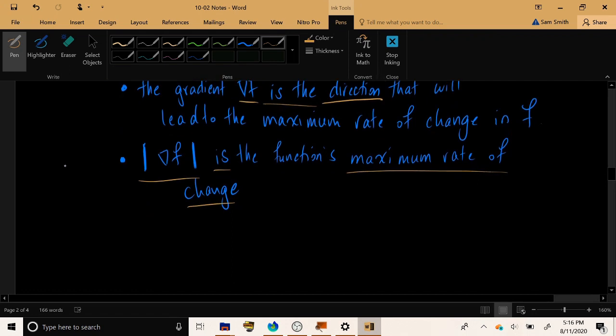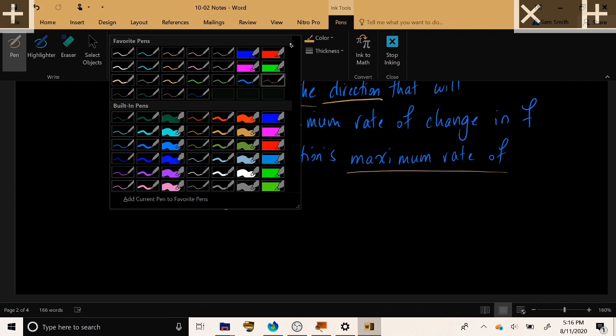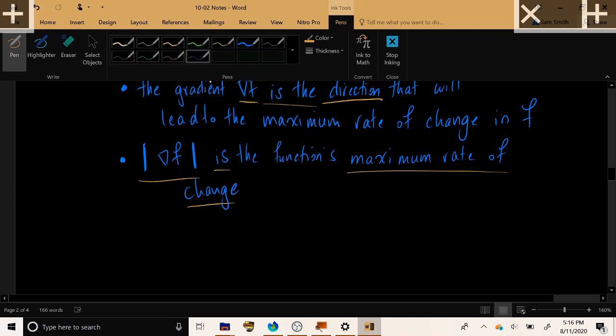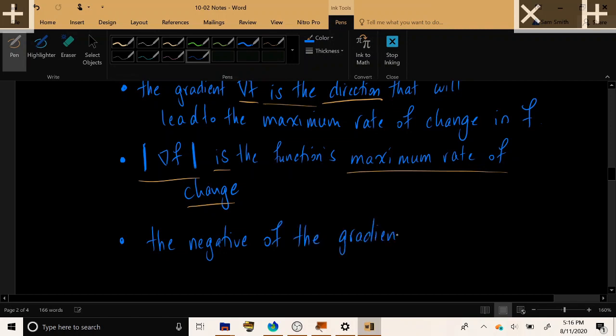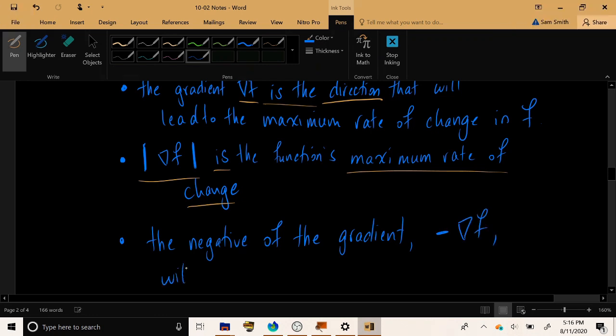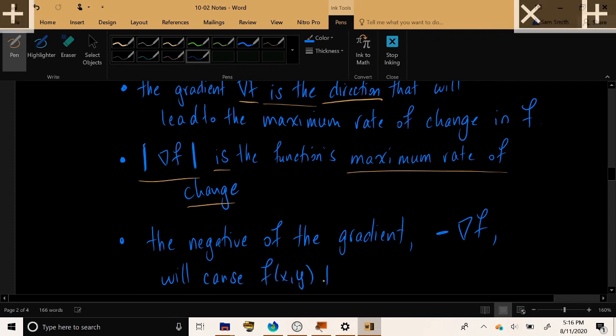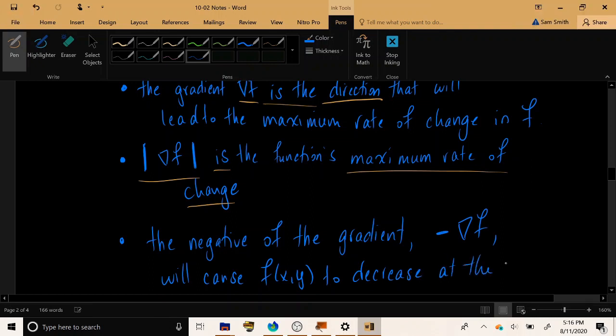Okay, now what if you wanted to decrease the value of your function as much as you possibly could? The negative of the gradient, negative nabla f, will cause f of x, y to decrease at the maximum rate.